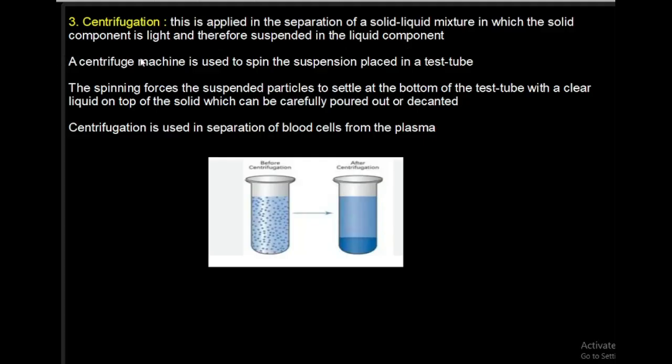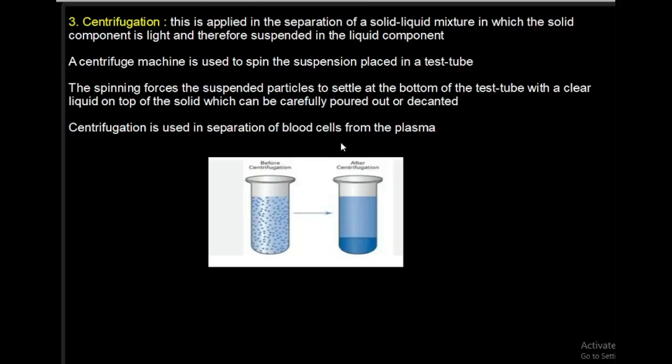Now, a centrifuge machine is used to spin the suspension placed in a test tube. The spinning forces the suspended particles to settle at the bottom of the test tube with a clear liquid on top of the solid, which can be carefully poured out or decanted.